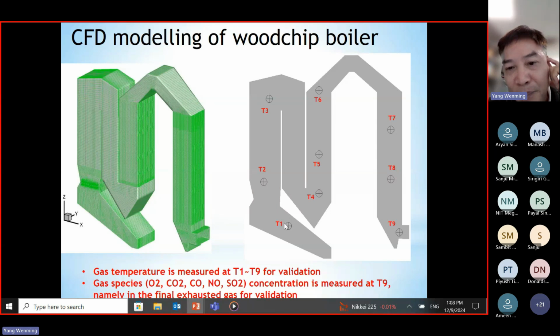For example, T1 is above the fixed bed, and T2 is in the lower side of the furnace, and this one is on the top of the furnace. This one is along the flue path, basically in the heat exchangers, and T9 is at the exit position. So we measure the temperature at different locations, and also we do three-dimensional modeling.